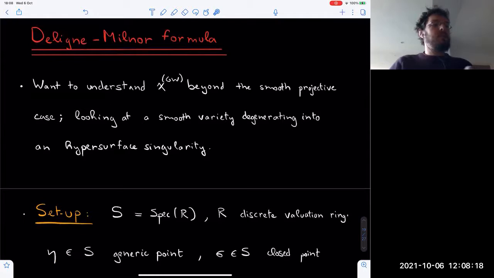Okay, so now we can come to this Deligne-Milnor formula question that we address. So this Gauss-Bonnet formula for the quadratic Euler characteristic gives a nice formula for the smooth projective case, but it seems quite difficult in general.